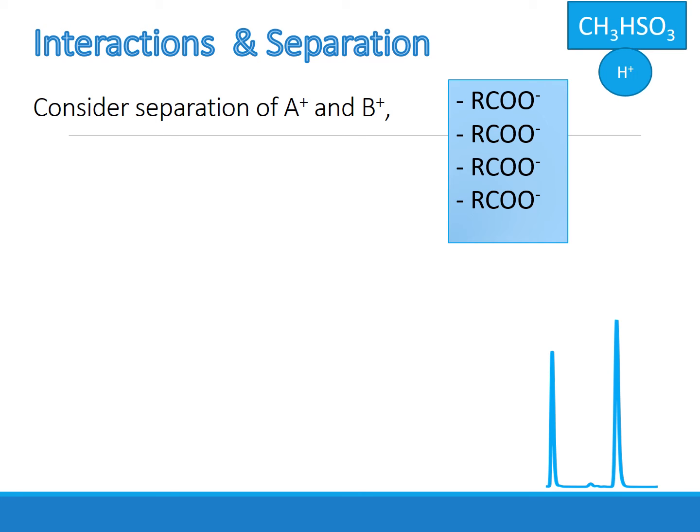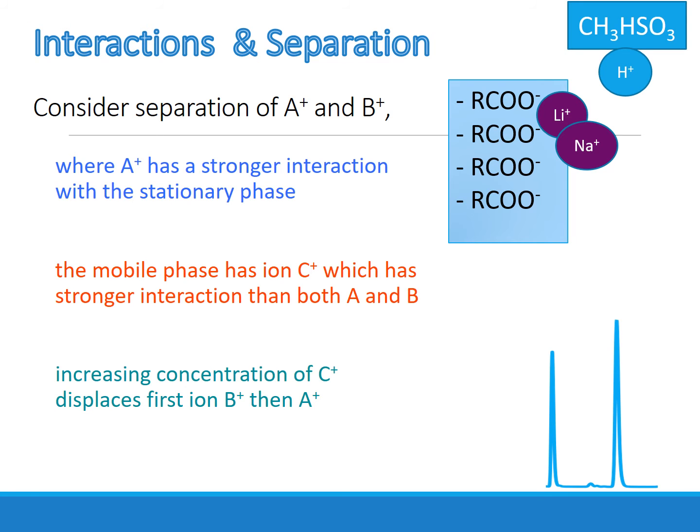Now, how does the separation work? If we have analytes which are A plus and B plus cations, and we have again a stationary phase which is carboxylates, and mobile phase with methane sulfonic acid. In this case, we can imagine we have lithium and sodium, where one of them will be stronger.